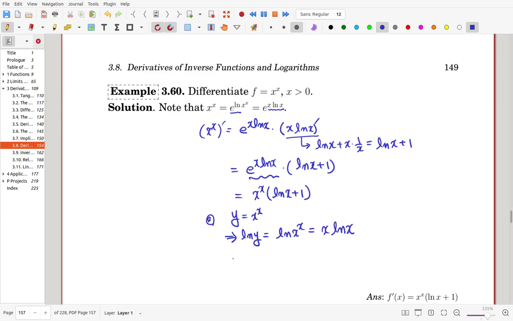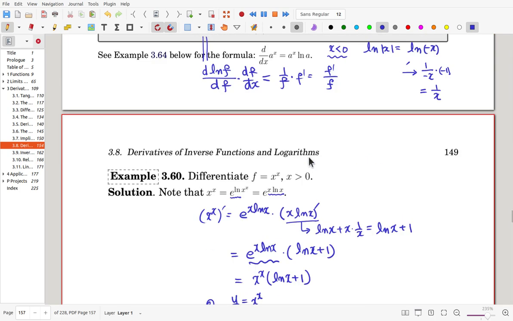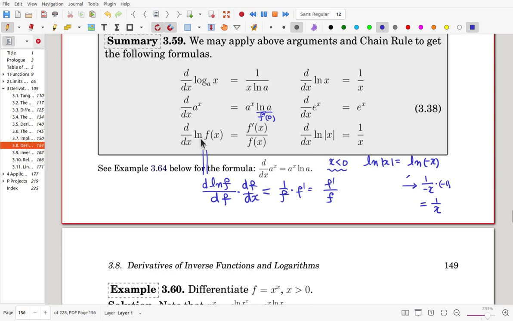Now we are making implicit differentiation, which is an application of the chain rule. We already know that for logarithm of f of x, the derivative is f prime over f.